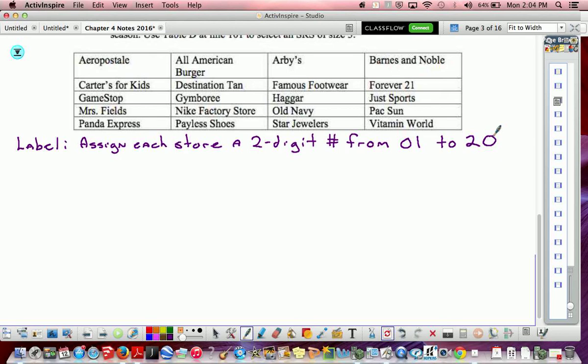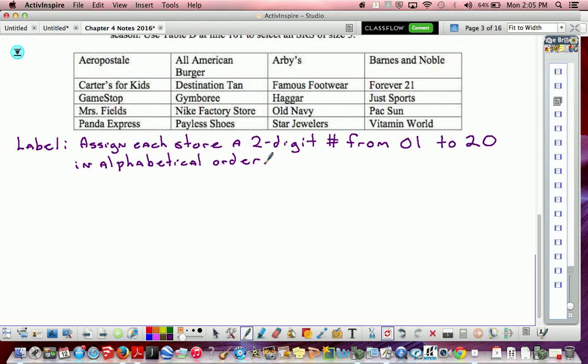Probably the easiest way, and I find the easiest description to use, but it's not the only one, is I'm going to say in alphabetical order. Do you always have to say alphabetical order?